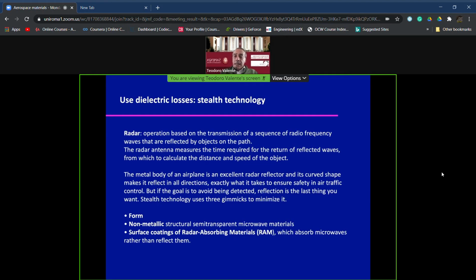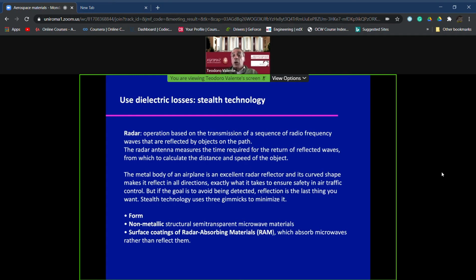And this is exactly what is necessary to guarantee safety, for example, in air traffic control, to identify distance and speed of the flying object.